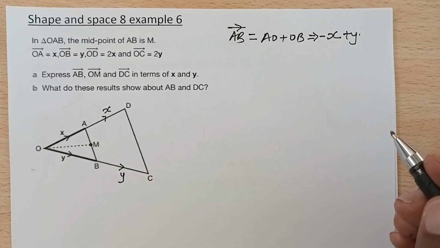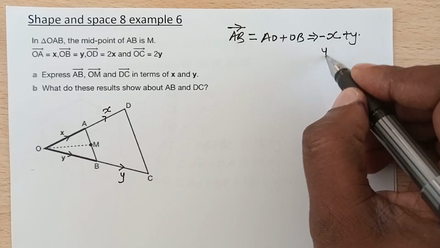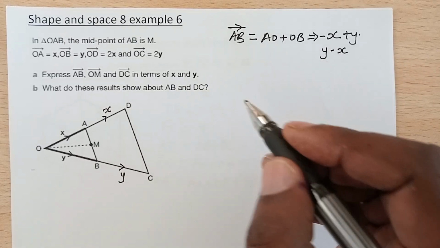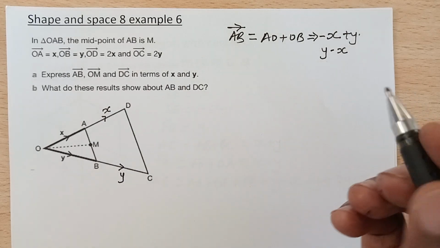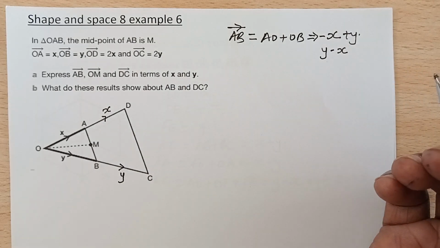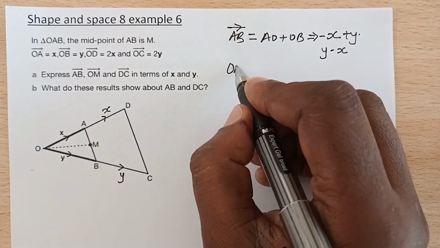That is it. You can basically say y minus x, and that is AB.